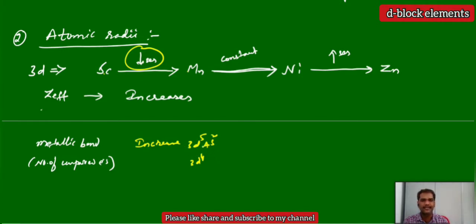We can observe some inter-electronic repulsions with elements from manganese to nickel. One electron, 3d5, 3d6, 3d7, 3d8, and so on. We are adding one electron to that 3d5 electronic configuration. So, from manganese to nickel, you can see an increase in inter-electronic repulsions.